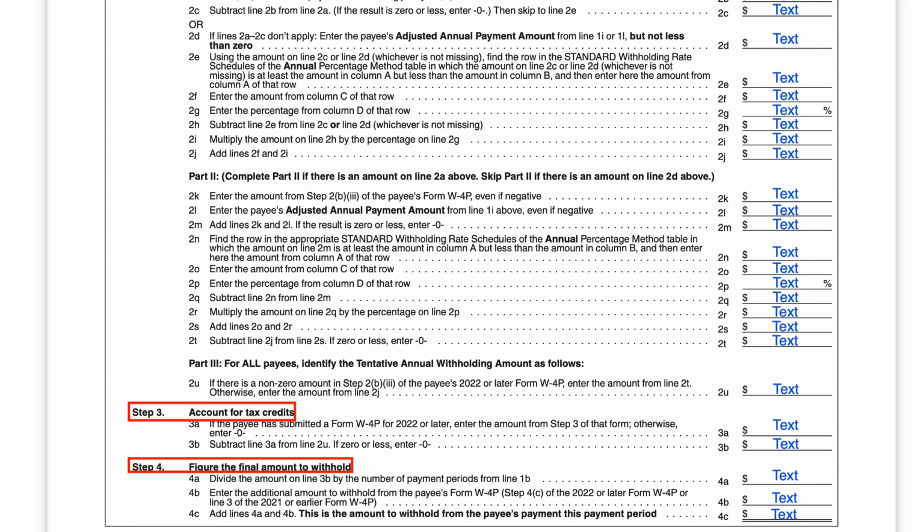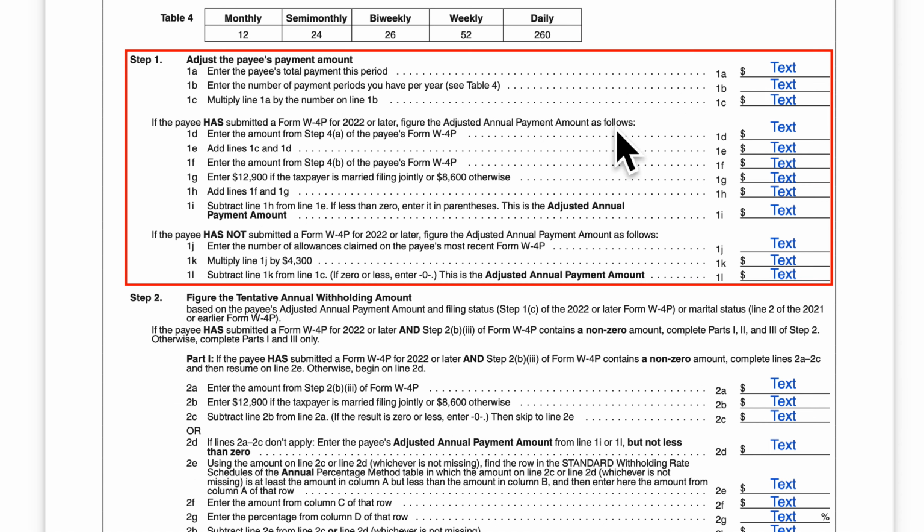Okay, so we are going to focus on step 1. We're going to go through this in order as if we were the payer and we're calculating John Doe's withholding. So when we start with step 1, we're going to begin by adjusting the payee's payment amount.